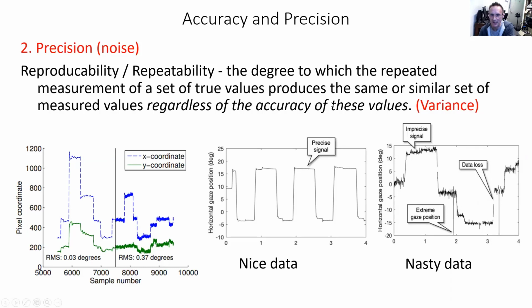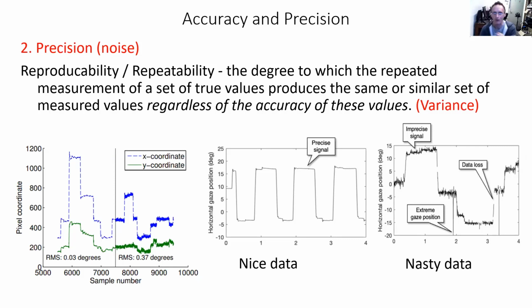This is what clean data looks like. This is what noisy data looks like. Here's data that was clean and has been artificially had noise added to it, if you like. If on the host computer you ever see the gaze cursor shaking, that's noise. You can do something about that.